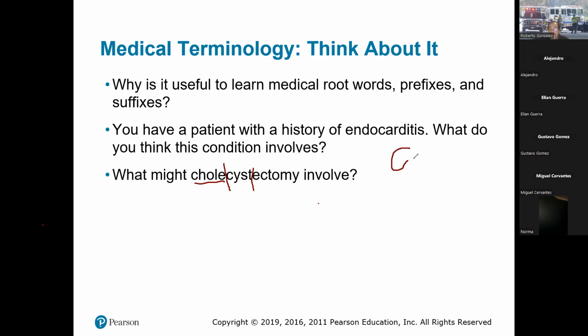This is the liver itself, and there's a little sac right here that the liver drains bile into. So Kali basically means gallbladder. Cysting is the cyst itself, and ectomy is surgical removal. So it's a surgical removal of your gallbladder itself.